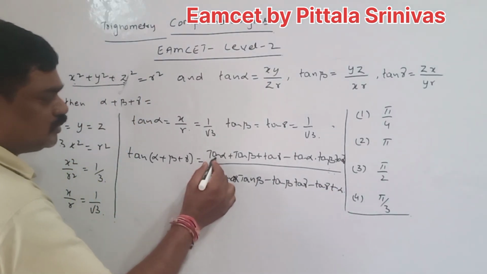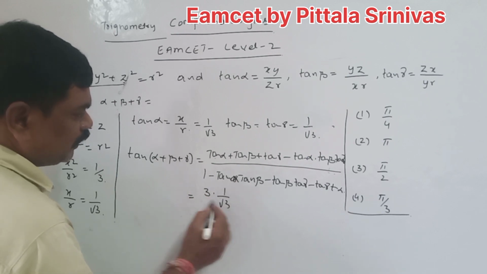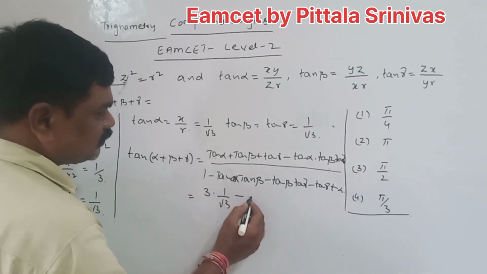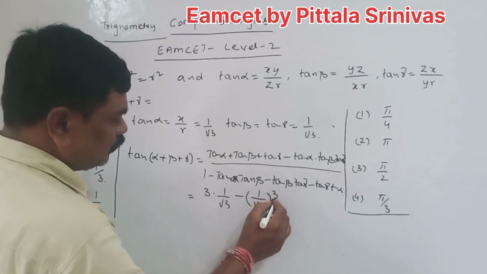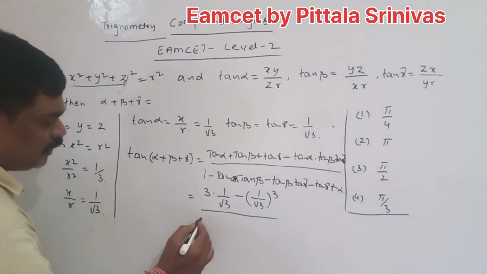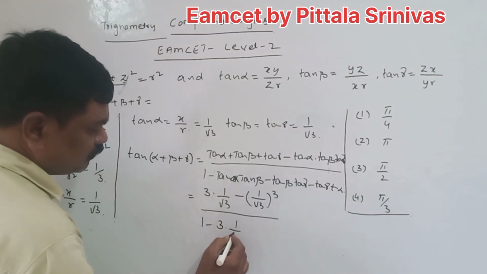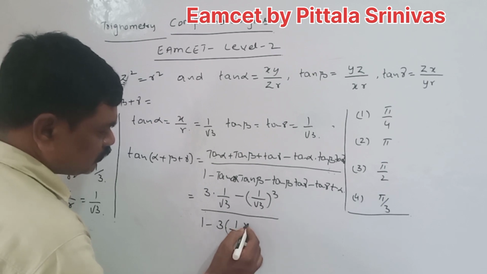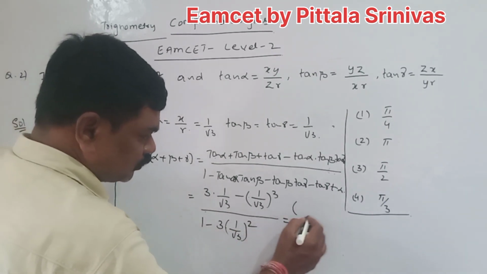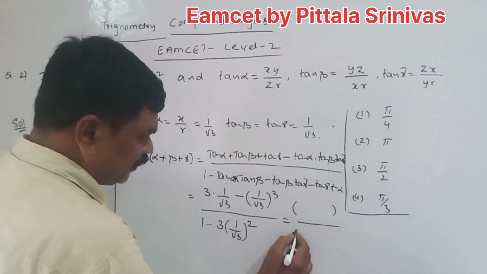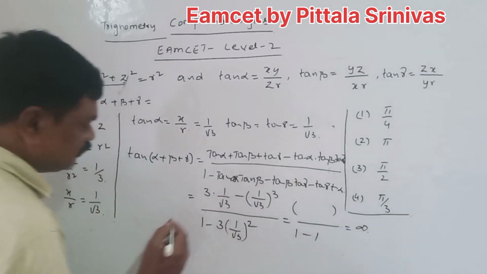Here this is 3 into 1 by root 3 minus (1 by root 3) whole cube, by the denominator 1 minus 3 into (1 by root 3) whole square. So what we will have? Numerator by denominator, 1 minus 1, is equal to infinity.